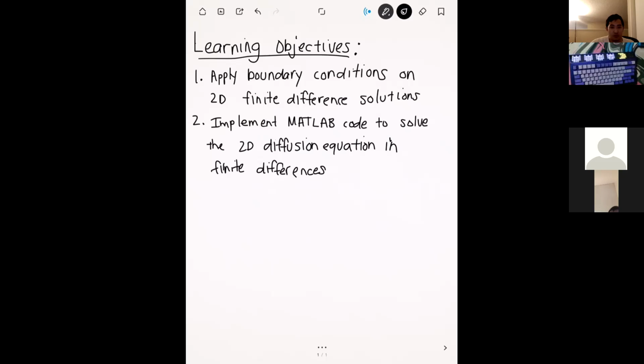Professor, where's the starter code located? So if you go to the Canvas site and then you go down to week 5, so from the home page you go down to the course outline, you click the link for week 5, then there's a link to the file at the bottom there.